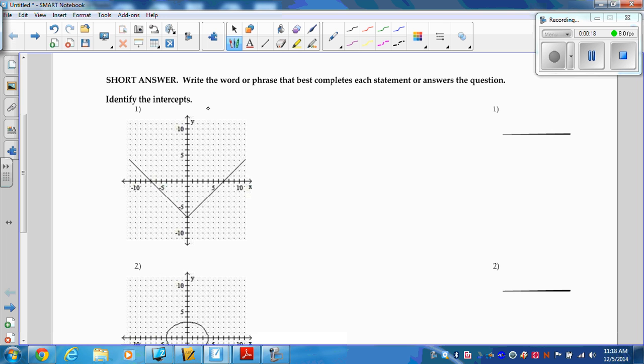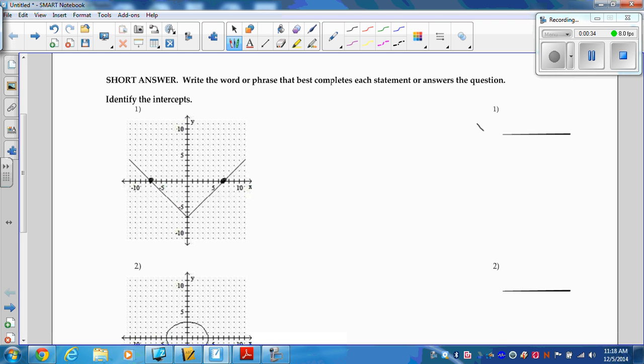So in question number 1, we are supposed to identify the intercepts. Well, you have to remember that there are intercepts on the x-axis and intercepts on the y-axis.